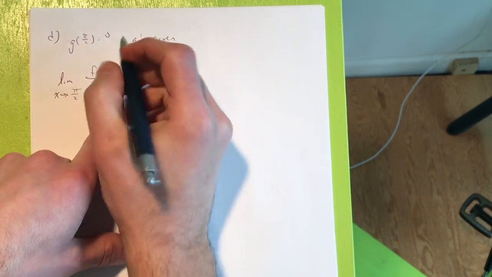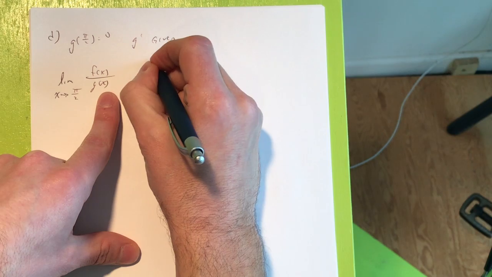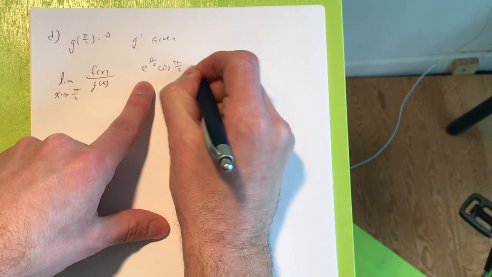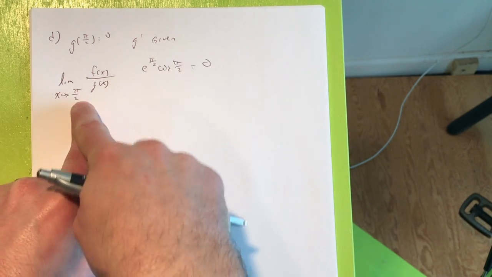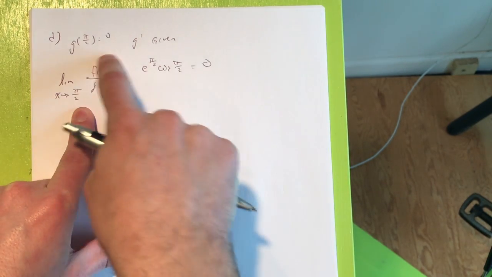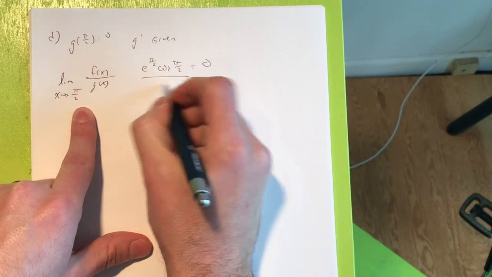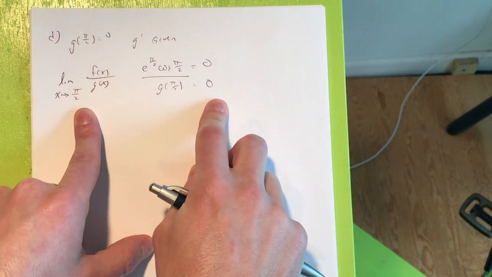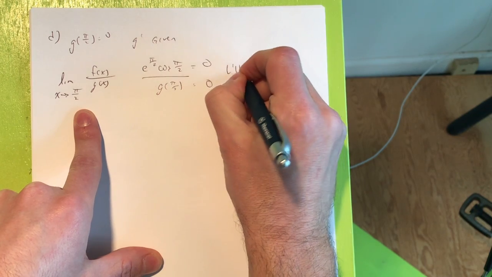Now, f of x, this is e to the pi over 2, let's just think, times cosine pi over 2. That gives us 0. Direct substitution, if we plug in pi over 2 to g, that gives us 0. So we've got 0 over 0. That's L'Hopital's rule.